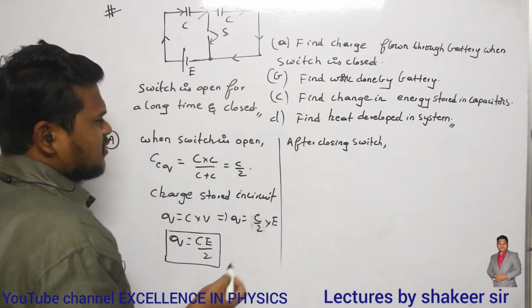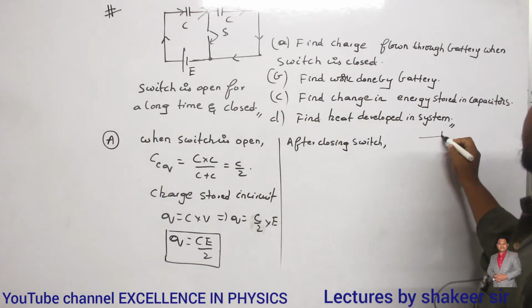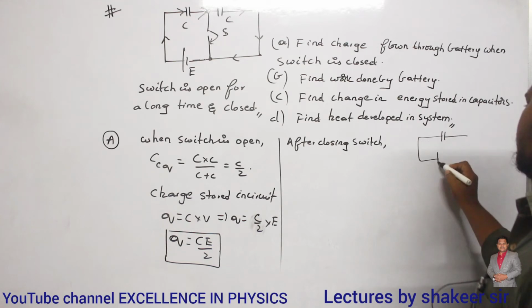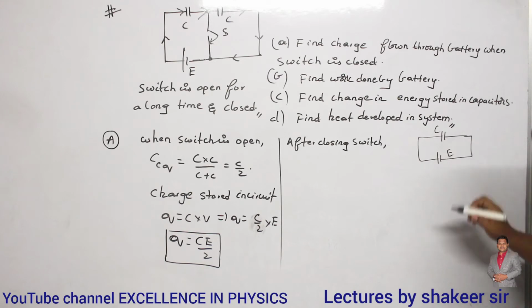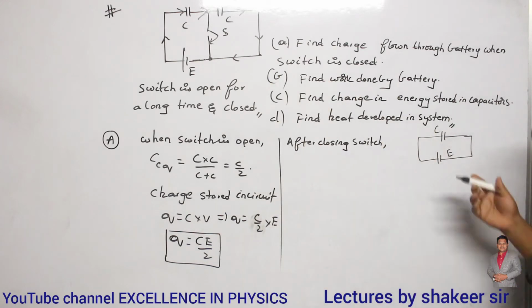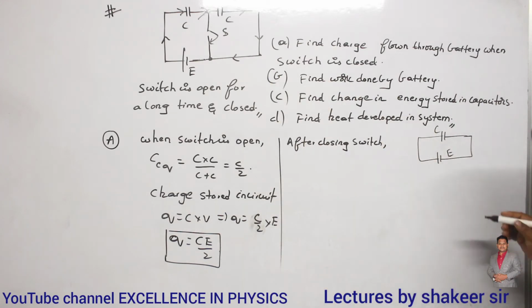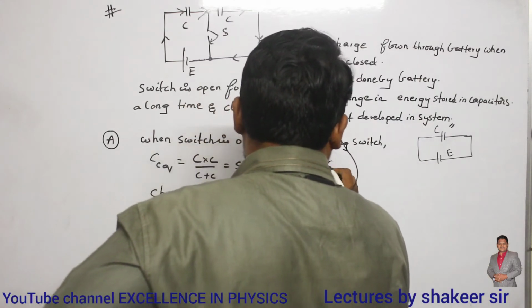What is the meaning of this? It means the new equivalent capacitance is like this: this capacitor and this battery of EMF E are the connection. This second capacitor is being bypassed. So after closing the switch, the equivalent capacitance is C only.